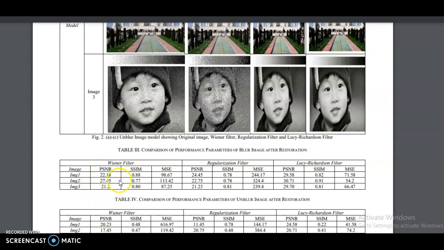Compared to the others, here PSNR 24.45 is more than this. Sorry, here 29.58 in the Lucy Richardson filter.